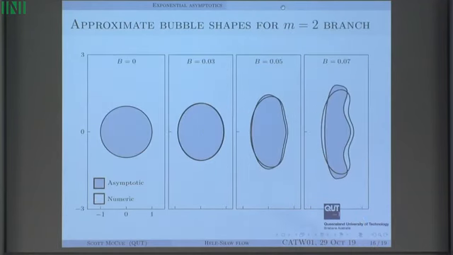For example, going along one of these branches, the M is 2 branch, this is 0 surface tension, we can increase surface tension and the match is not as good, which is not surprising. But as bad as this might look, I would claim that this is actually quite a good match given the constraint that I just tried to explain.